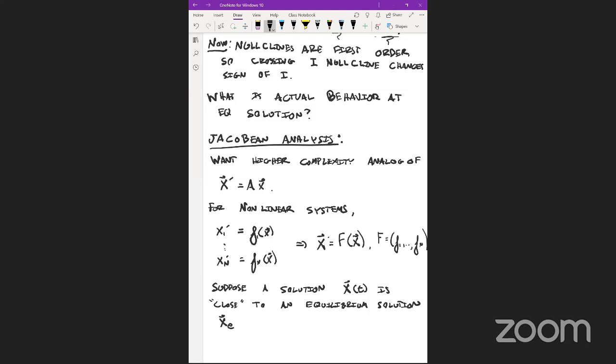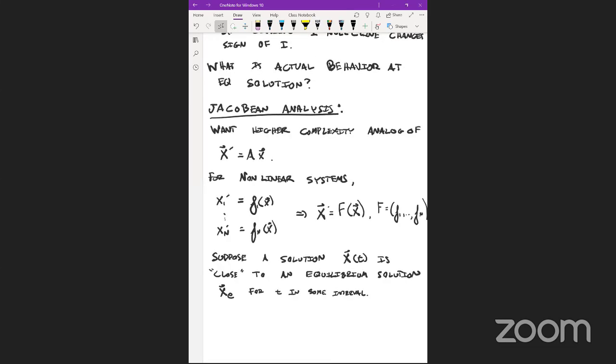It doesn't have to be close for all time, just for t in some small interval. Basically what we want to talk about here is the local behavior. It's going to turn out that we really can't say much globally, but we can think about what happens if we're just close to an equilibrium solution.